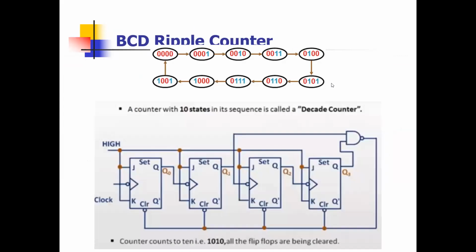Now the BCD ripple counter, same thing, because it is a ripple counter with BCD numbers from 0 to 9. So at 10, it should be reset. And look, girls, here it's a very important thing. Look here, clear with bubble. So that's why I use a NAND gate here.